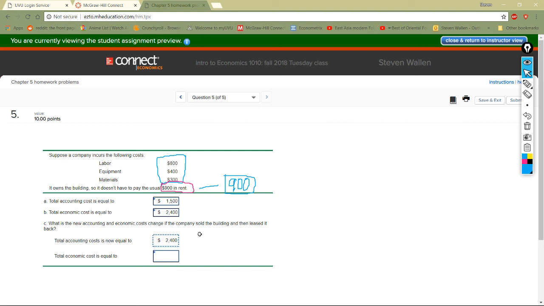Take a look at it. Are we accounting for each number? That's going to the books, that's going to the books, that's going to the books. This is now on the books because we're leasing it back from the bank and paying this $900 a month. There's nothing. So it's going to be 2,400.